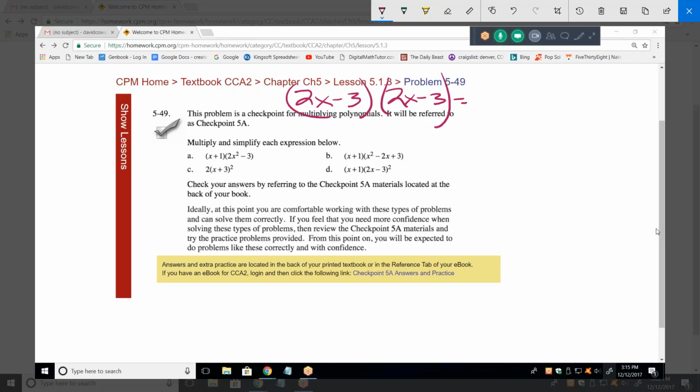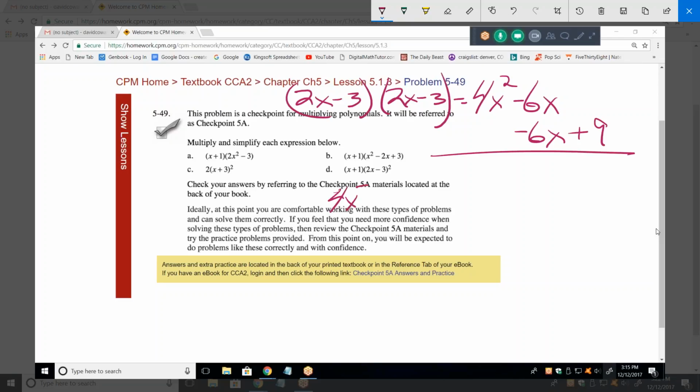So you got 4x squared minus 6x minus 6x and then plus 9. Okay.